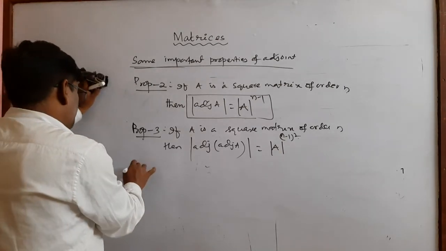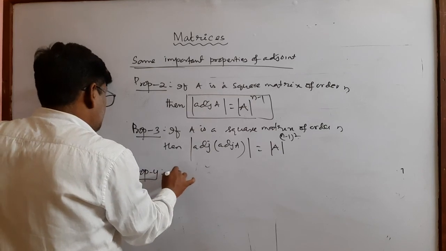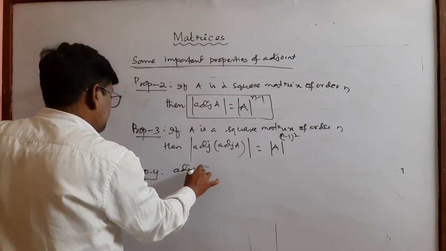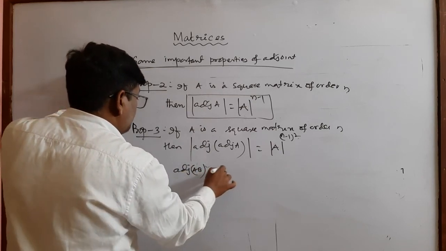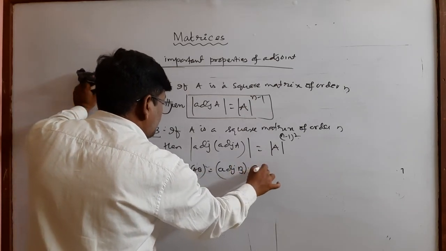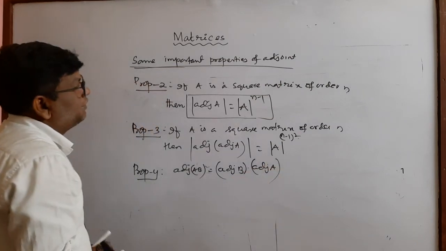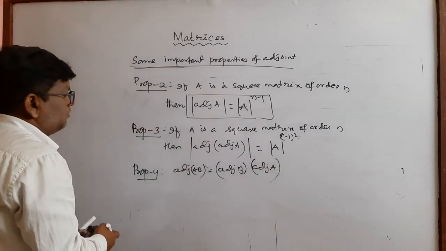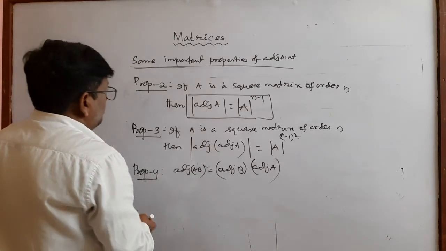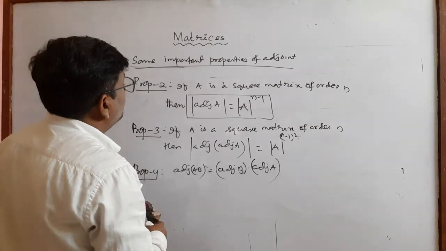Also property 4, adjoint of AB is equal to adjoint of B into adjoint of A. Okay. So these are some properties related to adjoint.